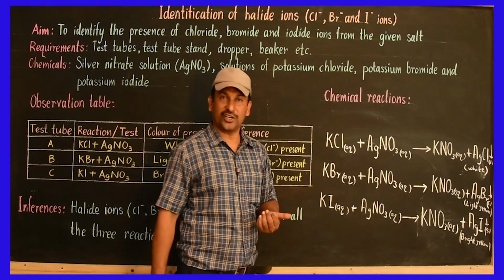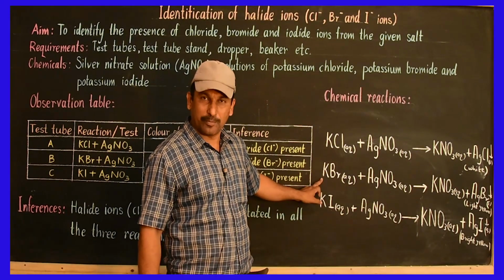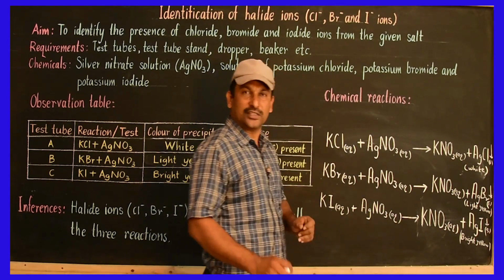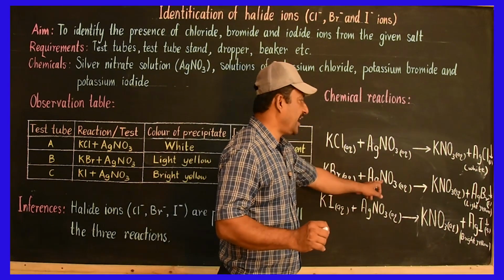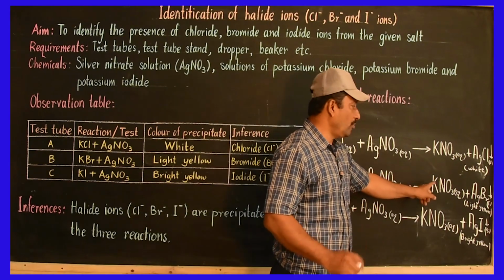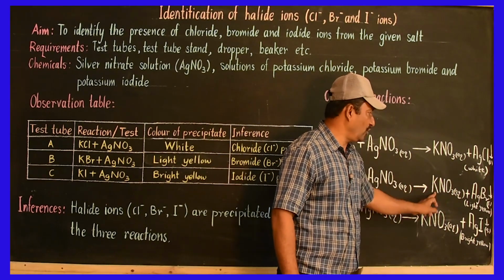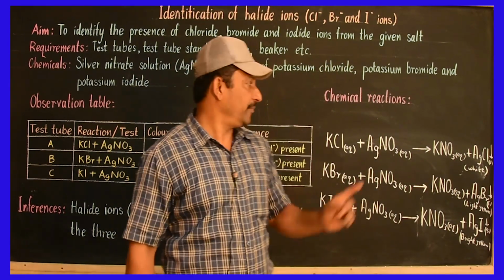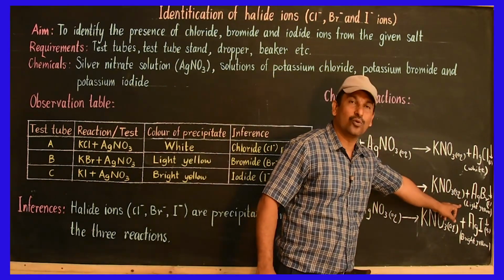Same with the second reaction: KBr, potassium bromide, aqueous, plus AgNO3, silver nitrate, aqueous, gives you potassium nitrate, KNO3, aqueous, plus AgBr, silver bromide. The color is light yellow.